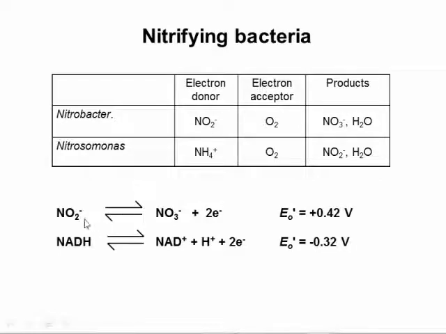Now, in this case, how is energy metabolism going to work? Because with this half reaction, nitrate is a good electron acceptor. Nitrite is not a good electron donor. So you can't transfer electrons from nitrite onto NAD+, because you have a very, very unfavorable electron transfer here.